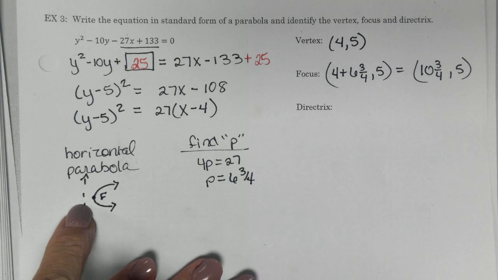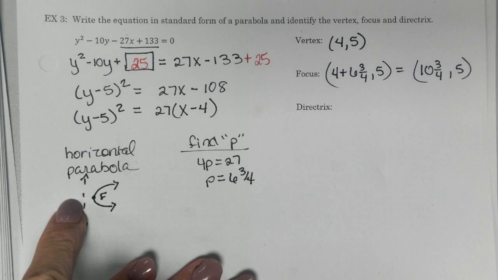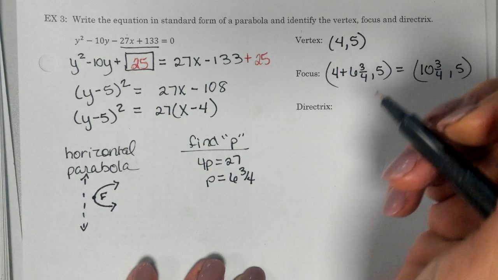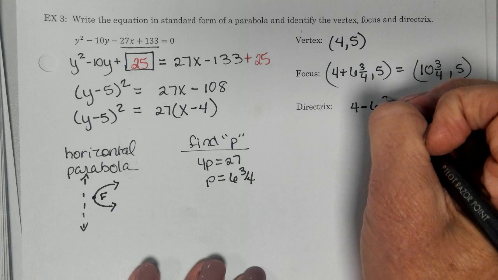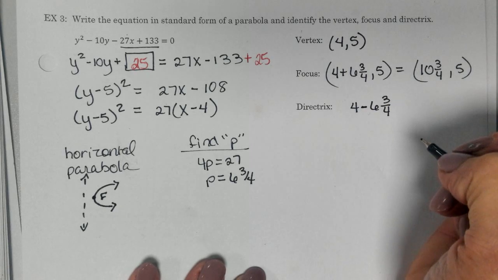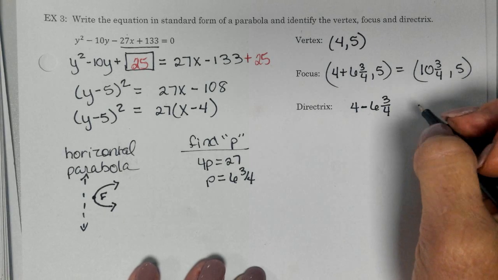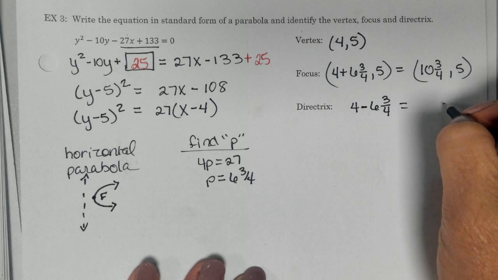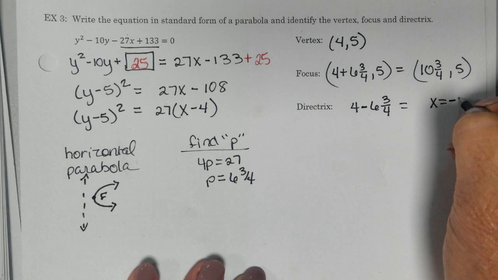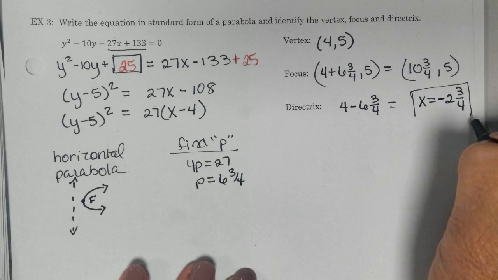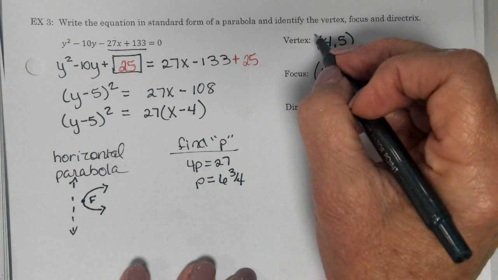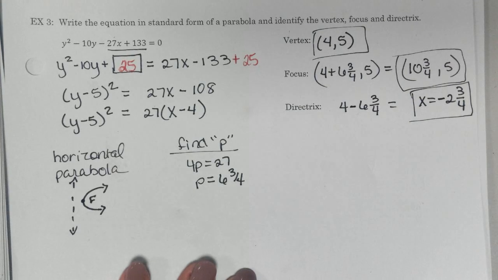Our directrix is moving to the left. Since it's moving to the left, we're going to subtract. There you go. So 4 minus 6 3/4. X equals -2 3/4. That's going to be our equation for our directrix. So there are our key features that we've got there.